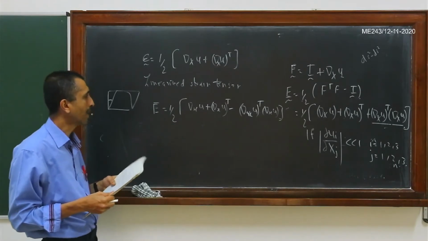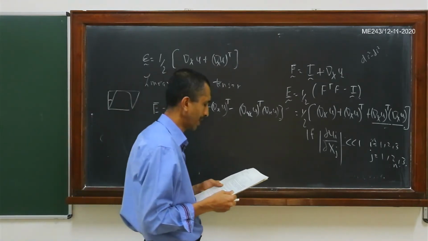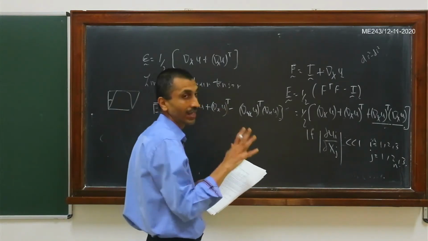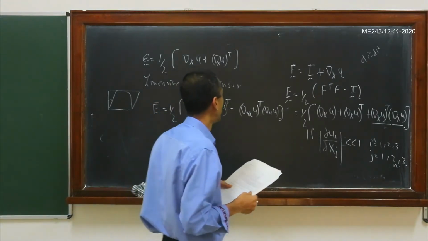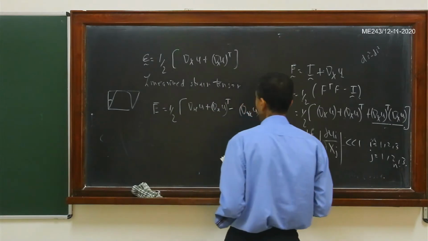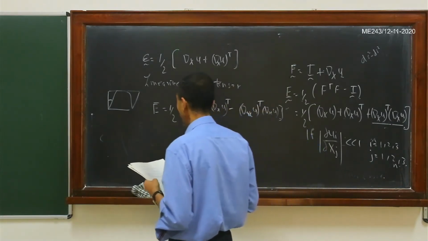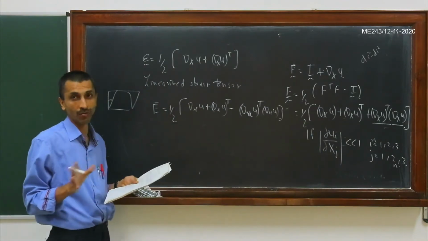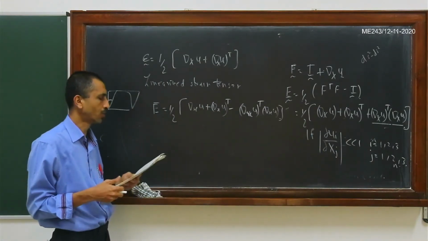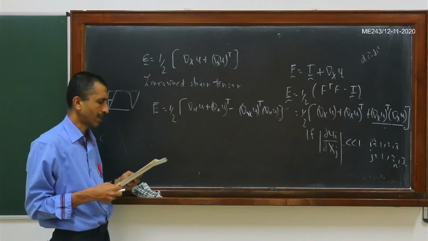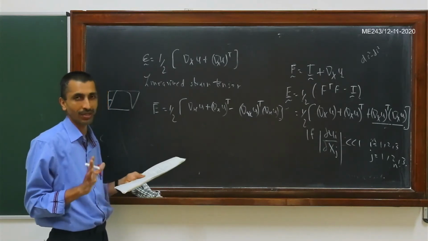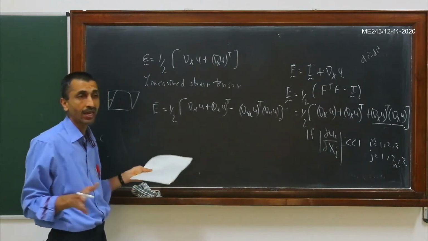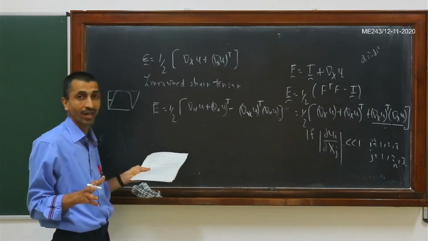So instead of that, what we will do is give a very good physical interpretation for the entire strain tensor. What we will show is that the vanishing of the strain tensor is linked to rigid motion. Any valid strain measure, whether it is E or E bar, and in fact there are an infinite number of strain measures.